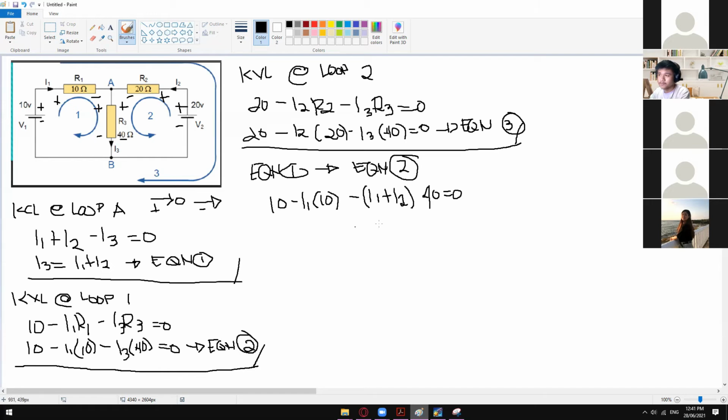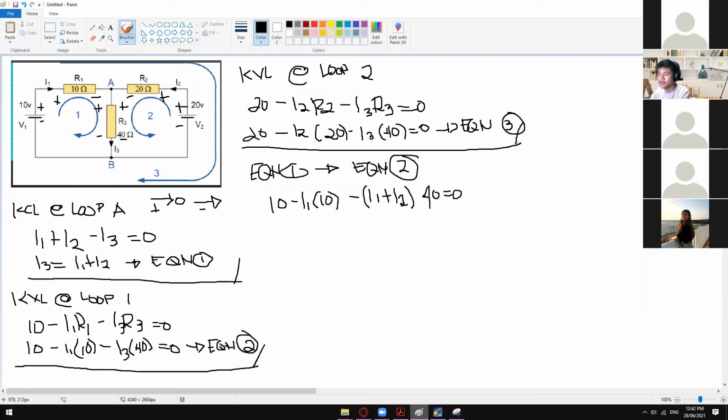So were you able to get how we got this equation right here? We've just simply replaced the value of this I3 with I1 plus I2. With that, we can now have two unknowns, which is the I1 and I2.